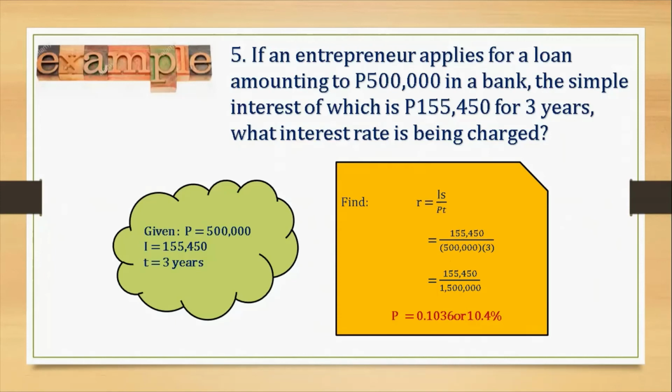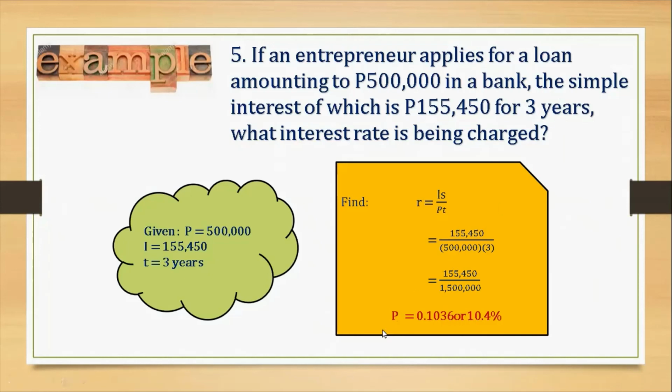You operate first the denominator, that's 500,000 times 3, that's 1,500,000. Then divide 155,450 divided by 1,500,000. You will get 0.1036 or 10.4%.